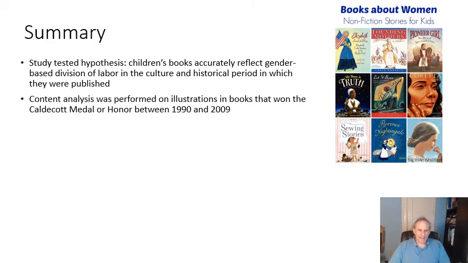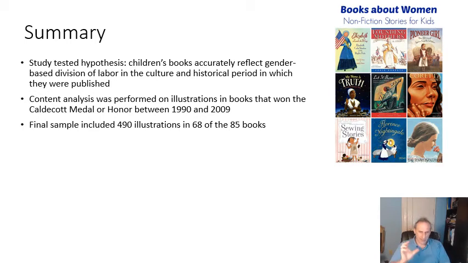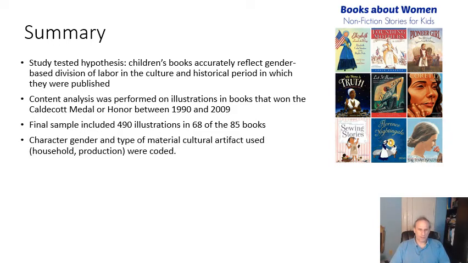The content analysis of this study was performed on illustrations in books that won what was called the Caldecott Medal or Honor between 1990 and 2009, a 20-year period. The final sample within all those books had 490 illustrations, since they're interested in the art primarily, that existed in 68 of the books that had some kind of art out of the 85 books that won the award.